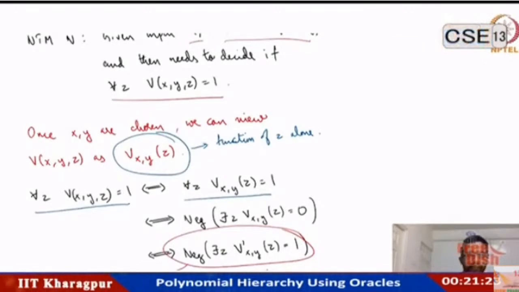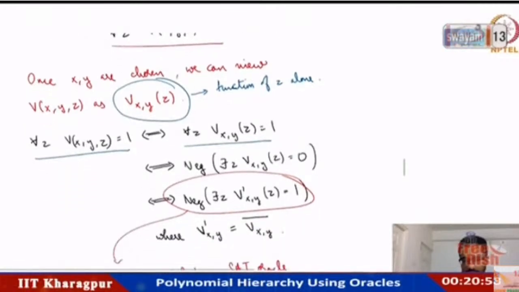The negation is there exists z such that V_xy(z) equals 0. For all z something happens; the negation is that for one z it does not happen. So the negation is there exists z for which V_xy(z) is 0.